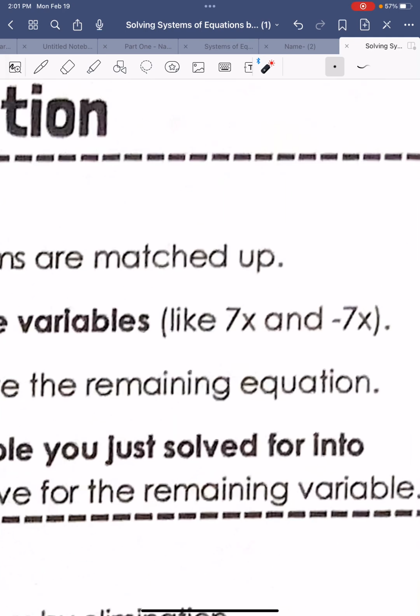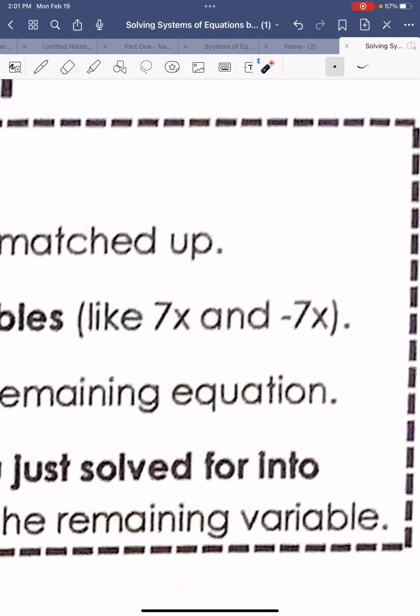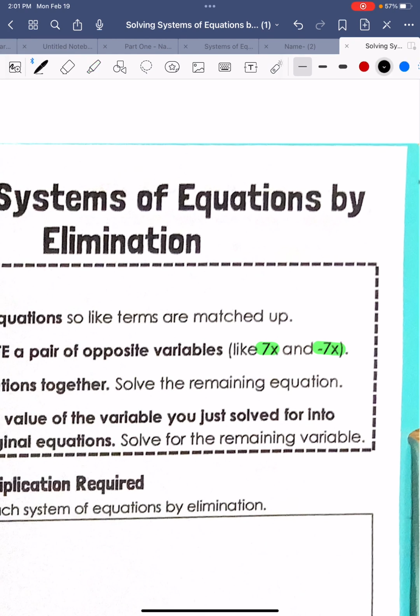So you're trying to cancel out the terms. Because if you have +7 taking away 7, you don't have any x's left. You're trying to get 0. So that's why we're trying to go for these opposite pairs. The same number, both 7s, but different signs. That is the whole goal of elimination.